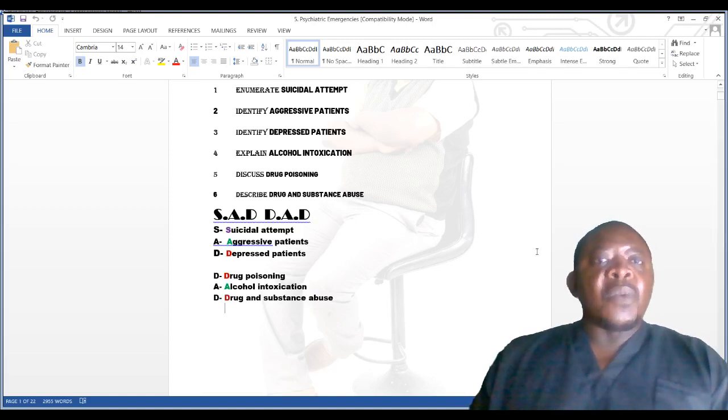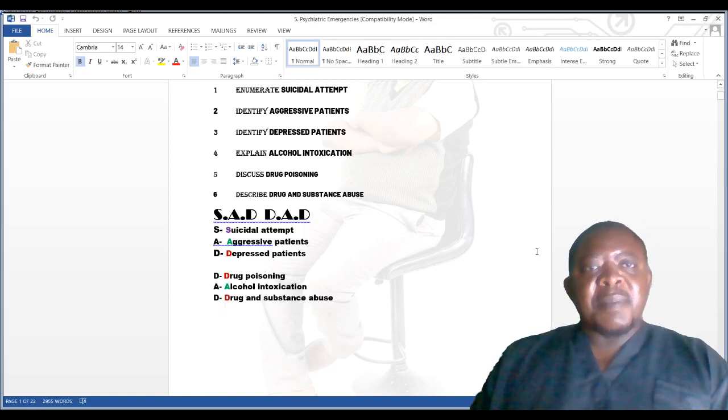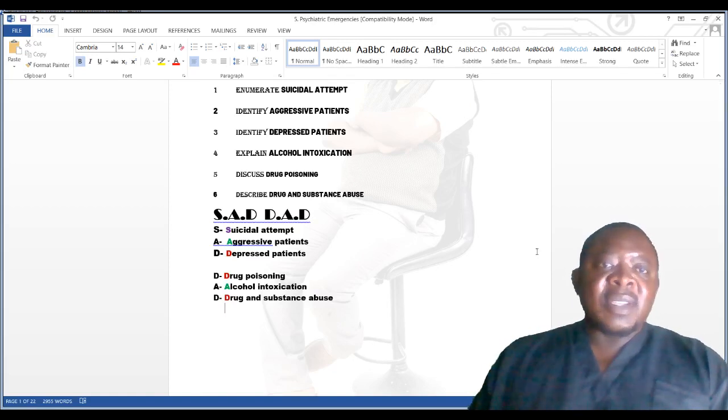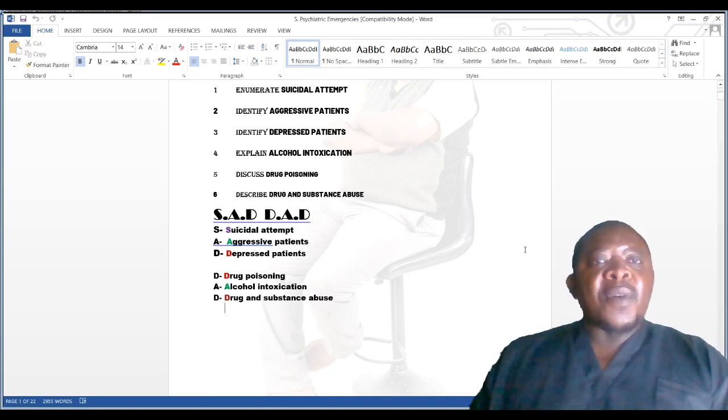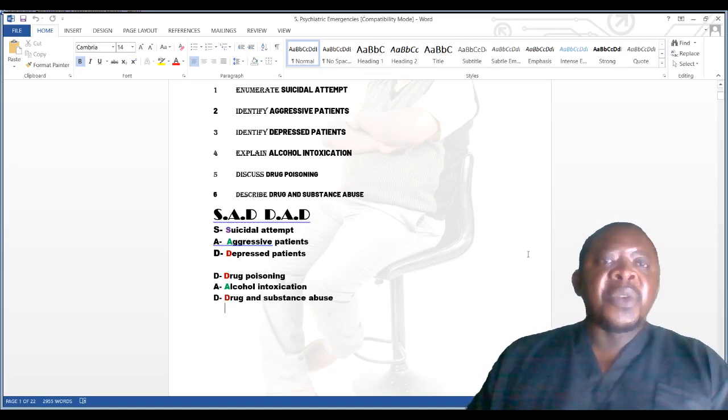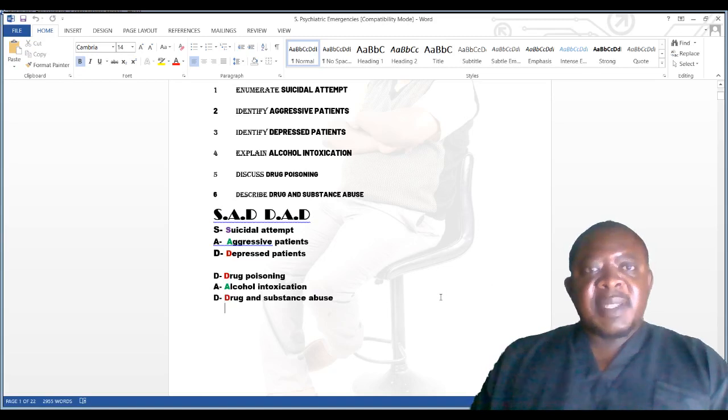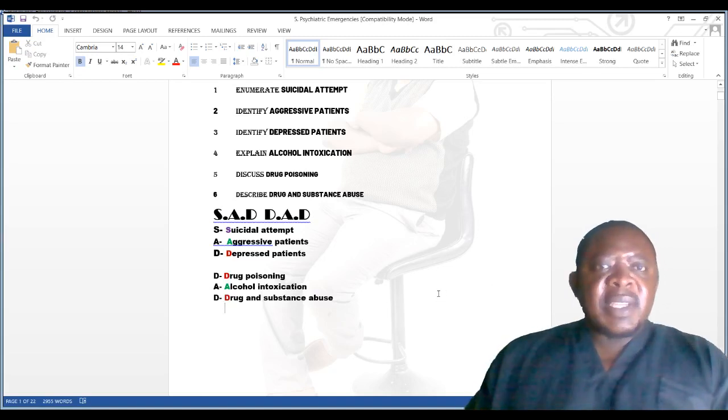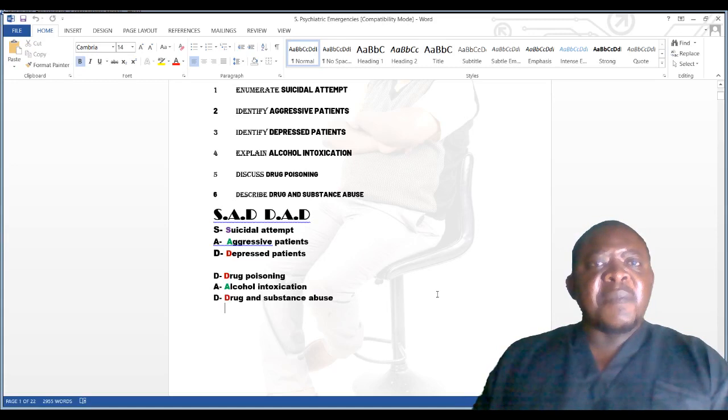So if you want to remember it as just sad, you have to remember that we have two A's and three D's. So A to the power 2, and D to the power 3. This is more of a mnemonic to remind you of psychiatry emergencies. In most examinations, psychiatry emergencies will be one of those conditions that are examined on.